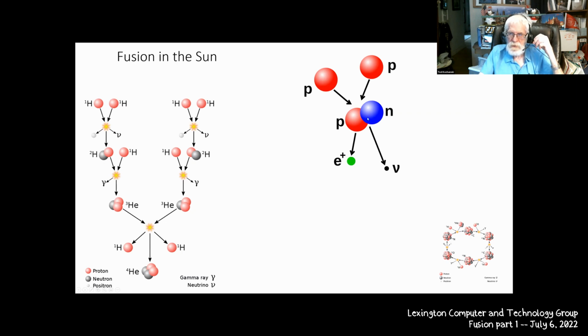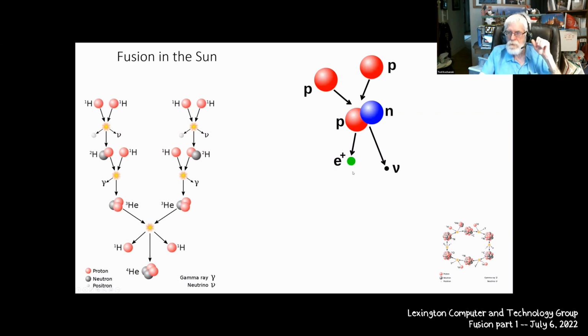And that process leads to the production of two other particles to balance the ledger books. One is a positron, or positive electron, and the other is a neutrino. The neutrino we can detect in our neutrino telescopes. It comes pretty much unmolested from the center of the sun.